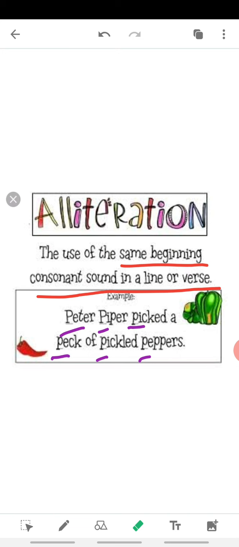So whenever they give you a poem or a few lines from a poem and ask which figure of speech it is, and there is a sentence which has the same beginning consonant sound, then you can write that it is an alliteration.